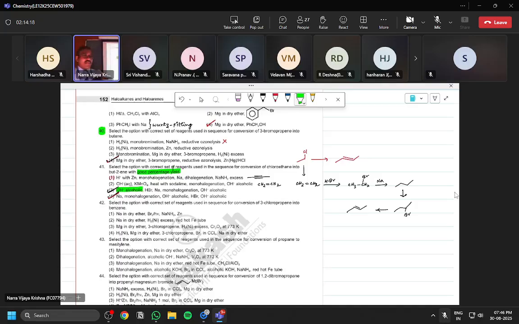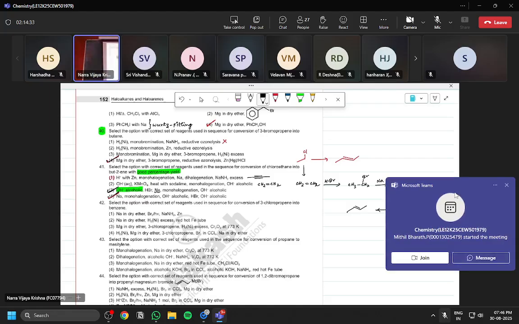Oh, now I understood. After forming butane, you are doing monohalogenation, which means I may get different possible products, right? After forming butane, monohalogenation means I can form bromine either here or here. Two possibilities. If this is it, I got this one. If this is it, I will get this one.